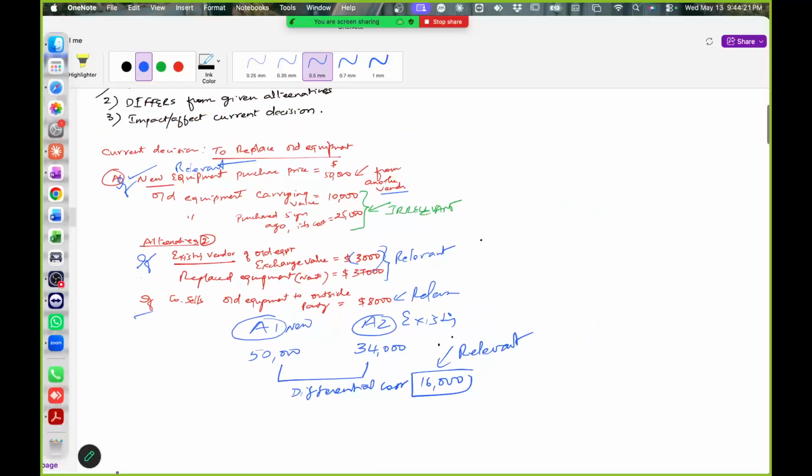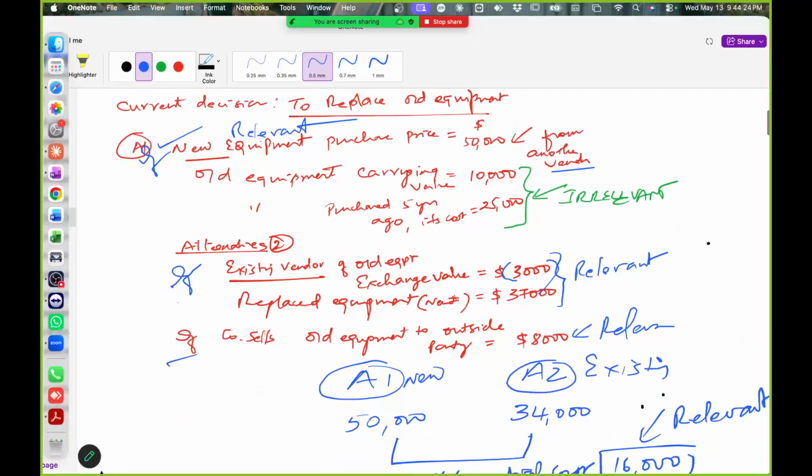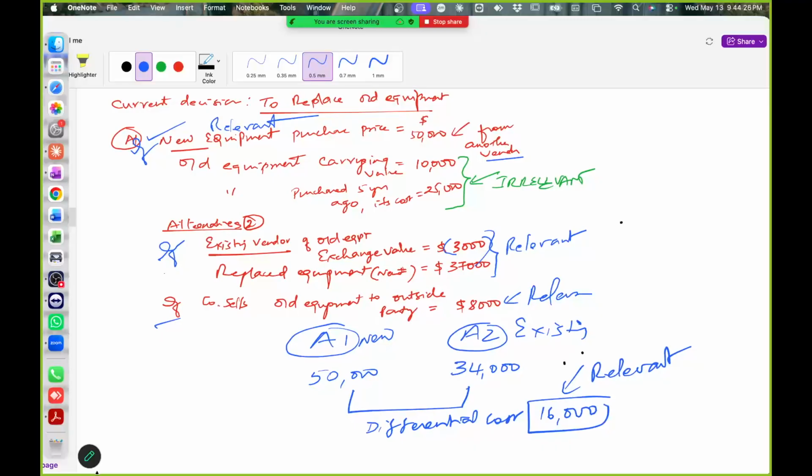So, among the heap of data and information you are getting, what matters to me? What is going to happen in the future if we take the decision? The decision is replacement. Is the replacement going to buy new equipment from the new vendor? That fellow will not take the old equipment. So 50,000.